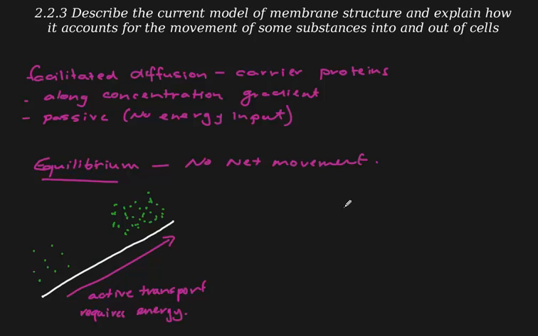So again, the way this occurs is through carrier proteins. So carrier proteins will pick up, if they're peripheral proteins, the molecules on the inside of the cell or on the outside of the cell and bring them through to the other side. So they move molecules against the concentration gradient.